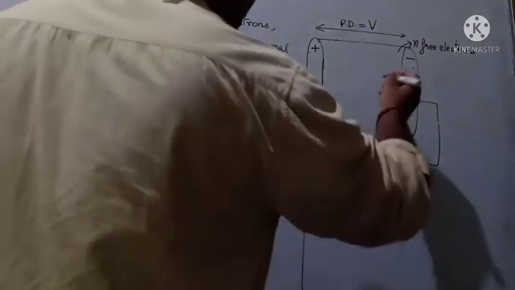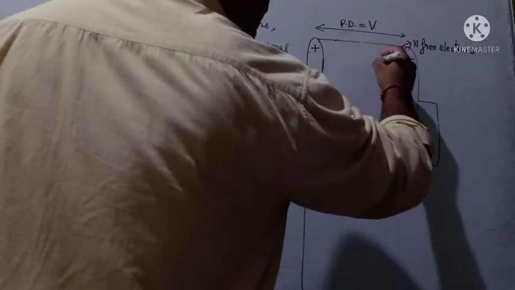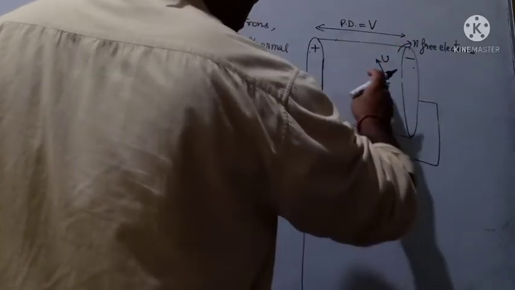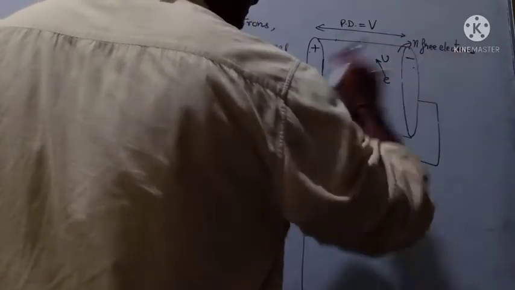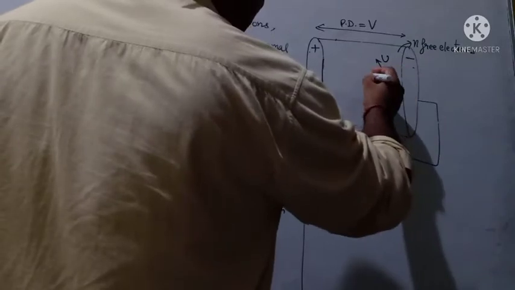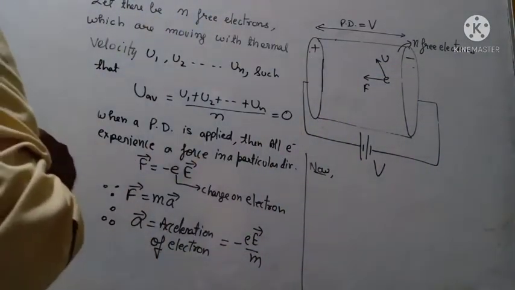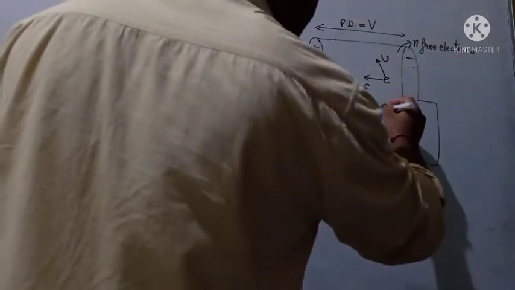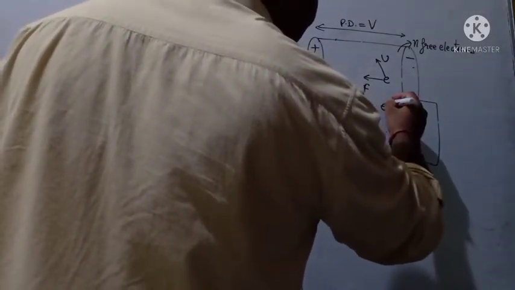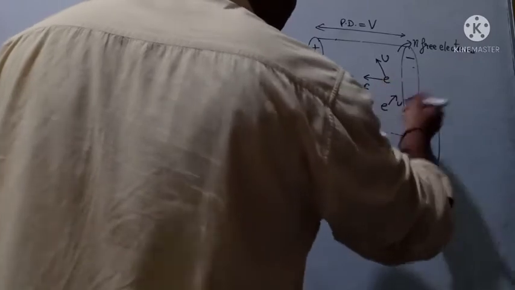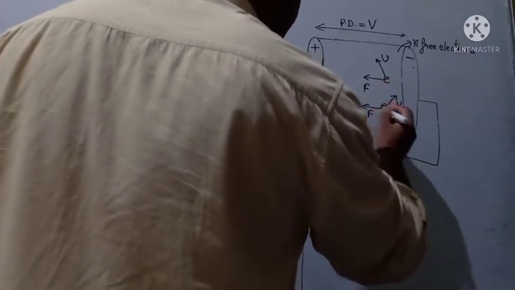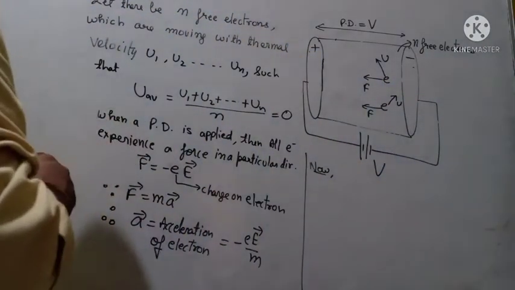Then what happens? The electrons which have a random thermal velocity will suffer a force in a particular direction. Similarly, all the electrons having velocity in different directions will suffer a force in a particular direction.